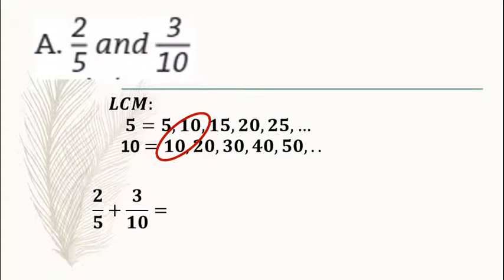Very good. We need to multiply by 2. We multiply both the numerator and denominator: 2 times 2 over 5 times 2. Do we need to multiply 2 also in our 10? No, because the LCM is already the same as our denominator. So we just copy 3/10.